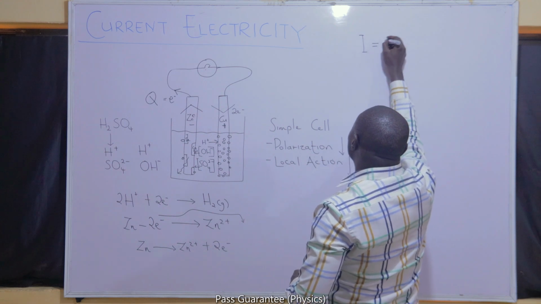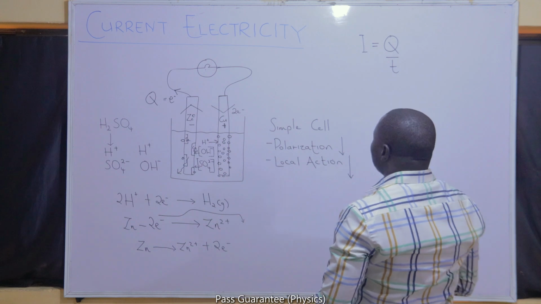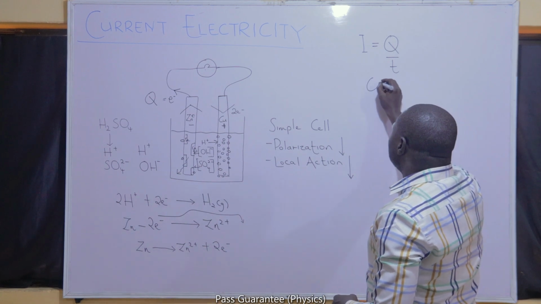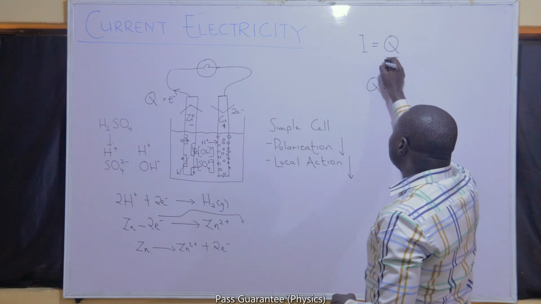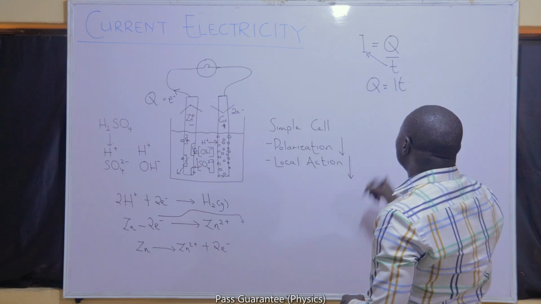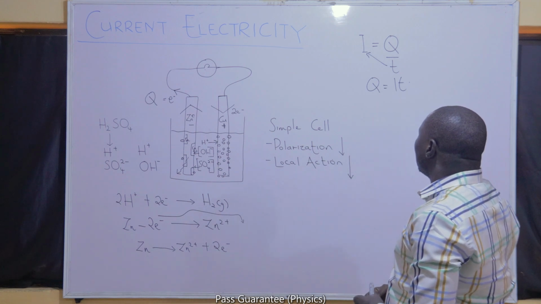So current is simply expressed as the rate of flow of electric charges, and the quantity of electric charge can be gotten from this equation: Q is equal to IT. We must have seen this several times also under electrolysis.